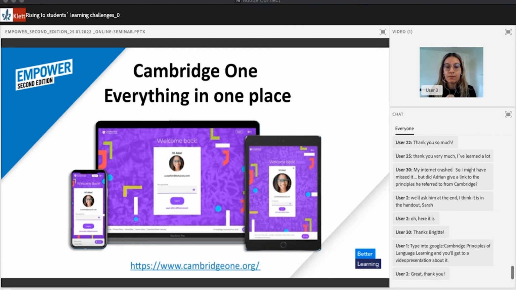So the digital component of Empower Second Edition is, and will be, as it comes out, on Cambridge One, which is an all-device-friendly platform. It's browser based, so it can be accessed by all different types of browsers and devices. But we also have a desktop app, not a mobile app, where you can download ebooks and presentation tools, and synchronize your work offline and online.